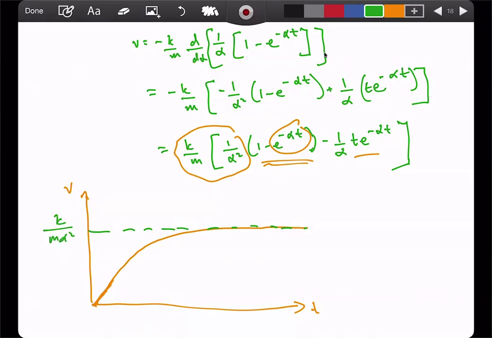So this is my velocity as a function of time. Initially it goes linearly, because this term is the surviving term. And as time goes to infinity, both of these terms go to 0, which means I have simply that constant term.